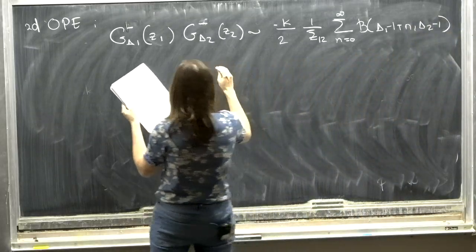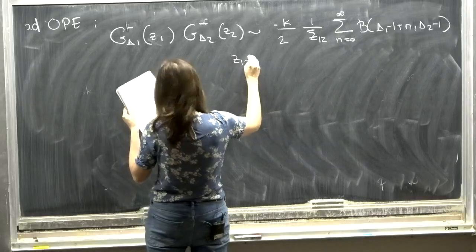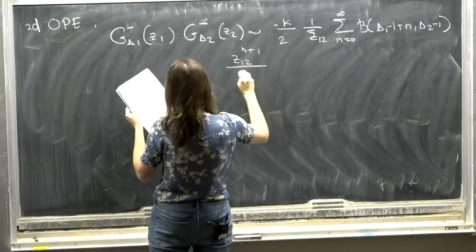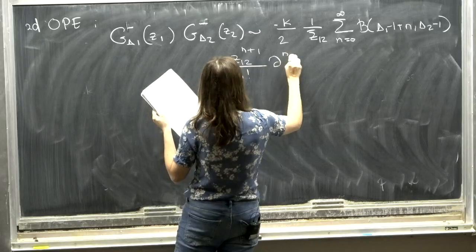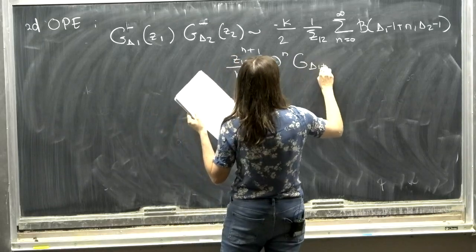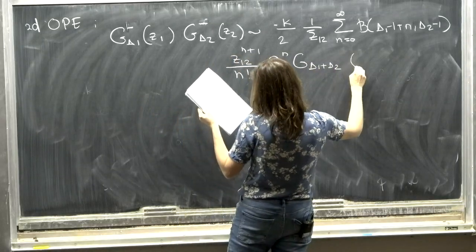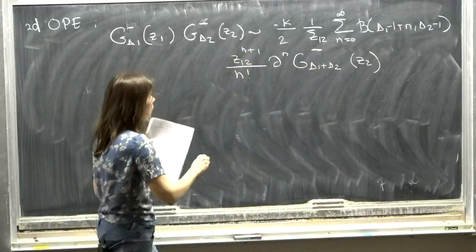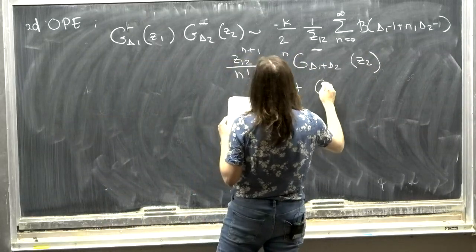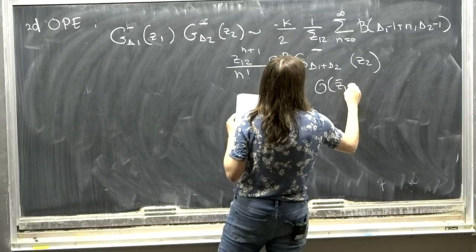So these are like some OPE coefficients. And then we have z1,2 to the n plus 1 divided by n factorial, d^n G of delta 1 plus delta 2 at z2, minus plus subleading terms in z bar 1,2.